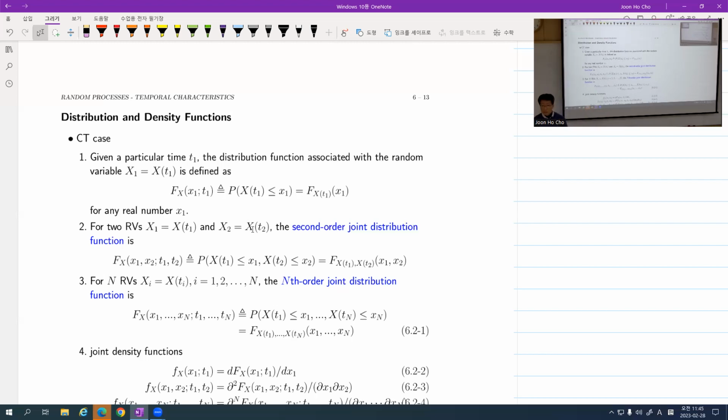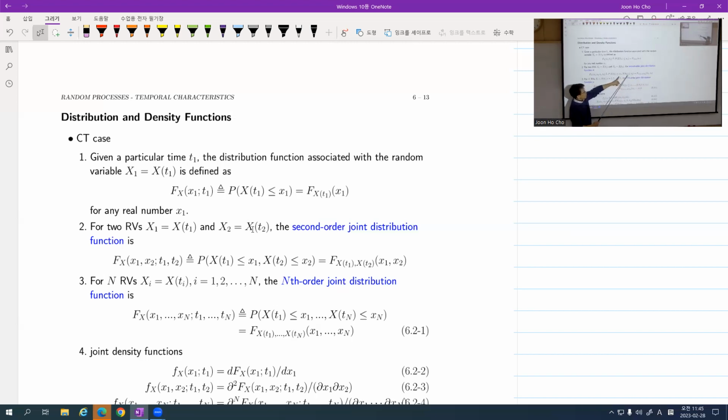Then the second order or joint CDF or PDF of these two random variables is what? Something like this. Here, the joint CDF of x1 and x2 has two arguments. This is the standard notation.